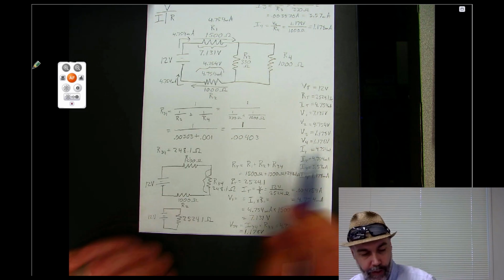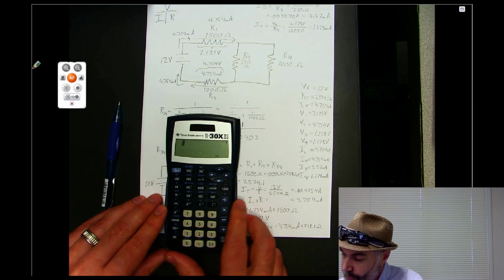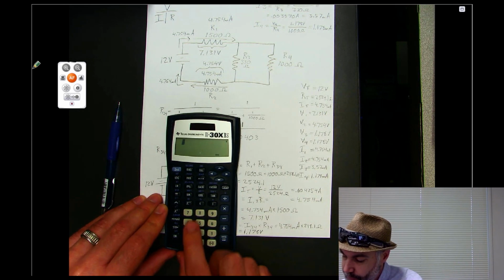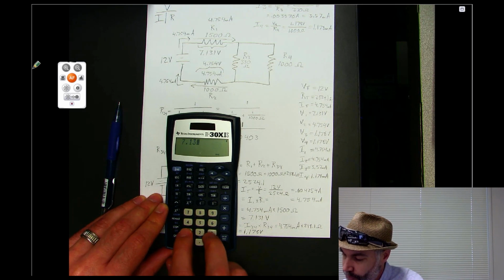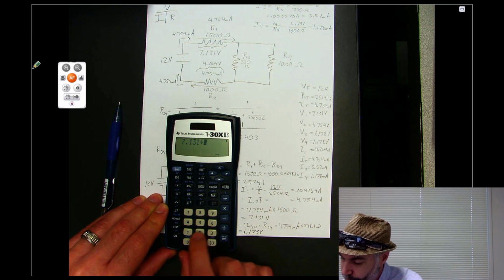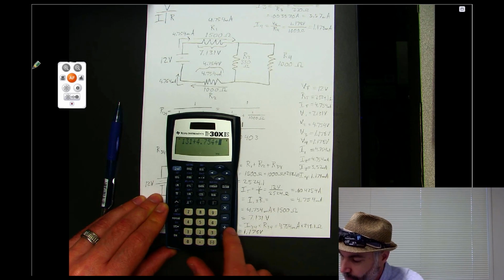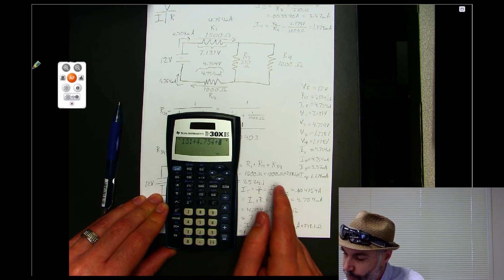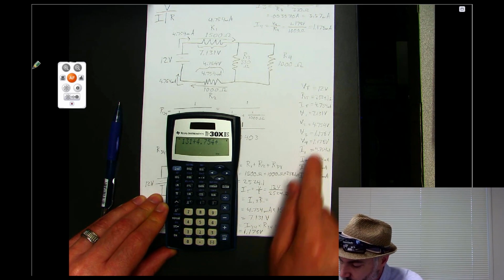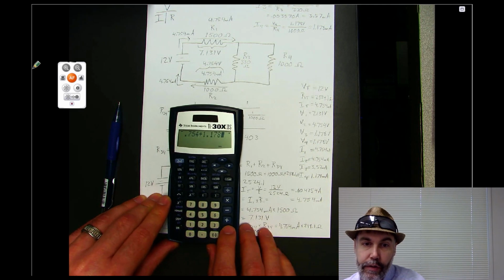So we can do that as a check. So we can say V1 is 7.131 volts, and then V2 is 4.754, and then V3 is 1.178.